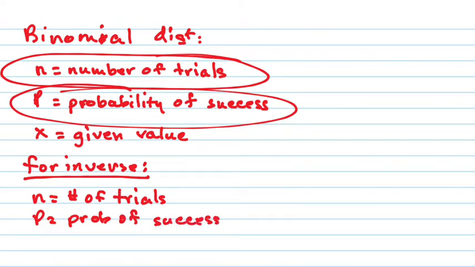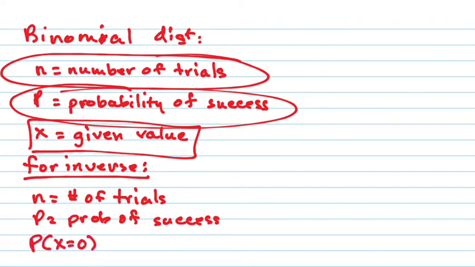But for inverse, we're always looking for where x equals 0. So we need the probability that x equals 0, and that simply can be translated as the probability of not success. Okay? Does that make sense?